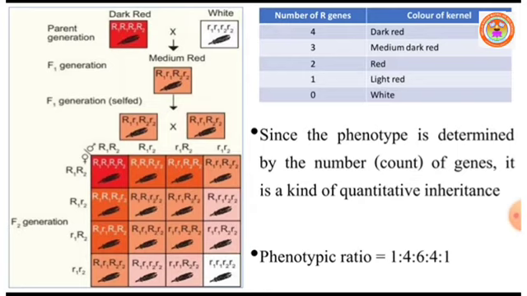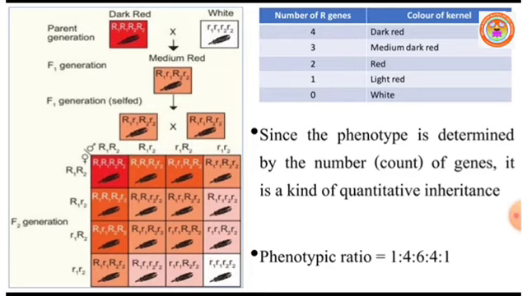Its genotype is capital R1 small r1, capital R2 small r2. The F1 wheat plants produce four types of gametes, like a dihybrid cross, namely capital R1 capital R2, capital R1 small r2, small r1 capital R2, and small r1 small r2.